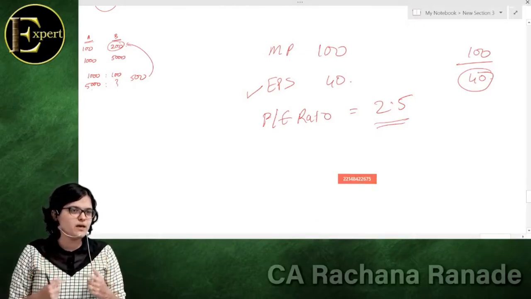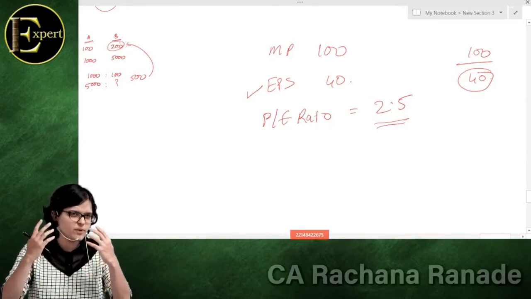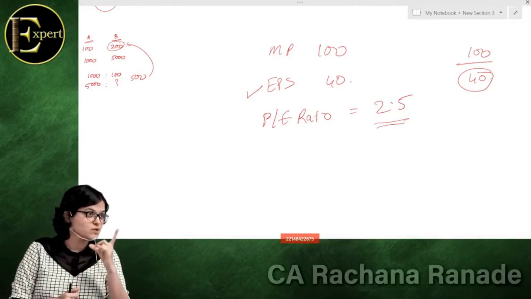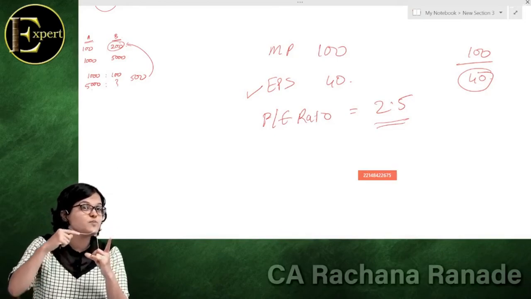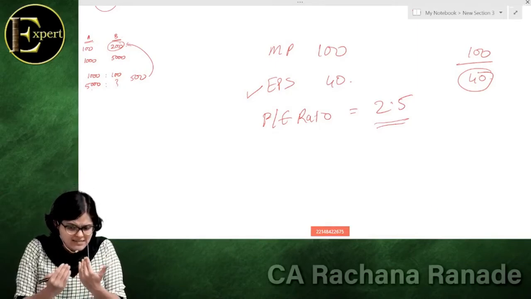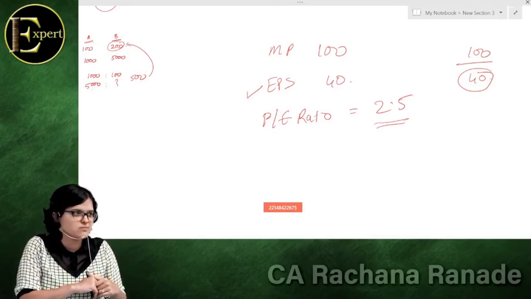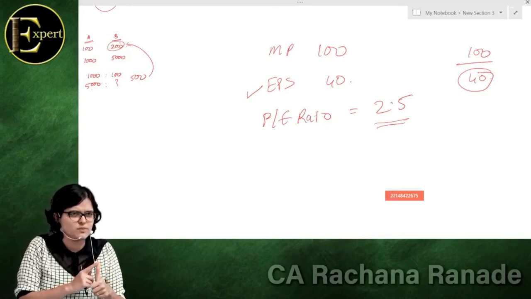Higher the PE, who can tell me? Is the stock going more and more expensive if the PE is going up and up? Yes. The stock is becoming more and more expensive if the PE is going more and more up. And lesser the PE ratio, the stock is cheaper. The first interpretation.